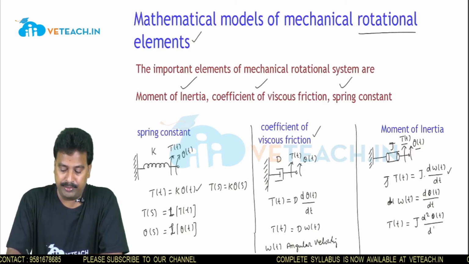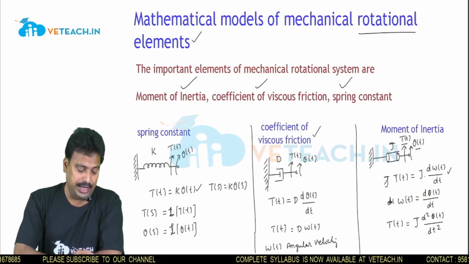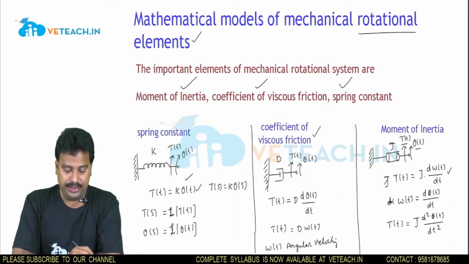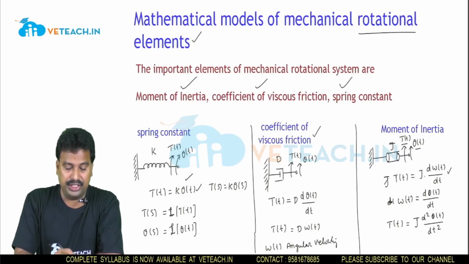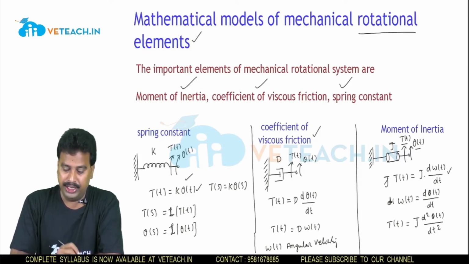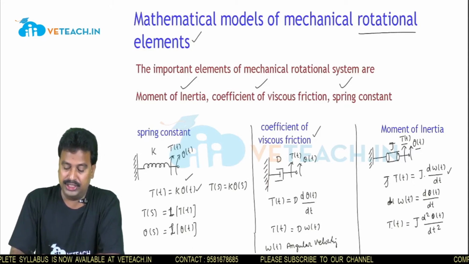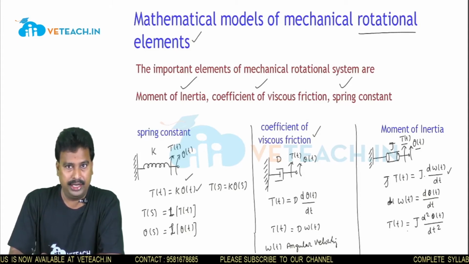So, if you observe these three equations, for the spring, T of t is equal to K into theta of t; for the second element, coefficient of viscous friction, T of t is equal to D into d theta of t by dt; and for the third element, the moment of inertia, T of t is equal to J into d square theta of t by dt square.